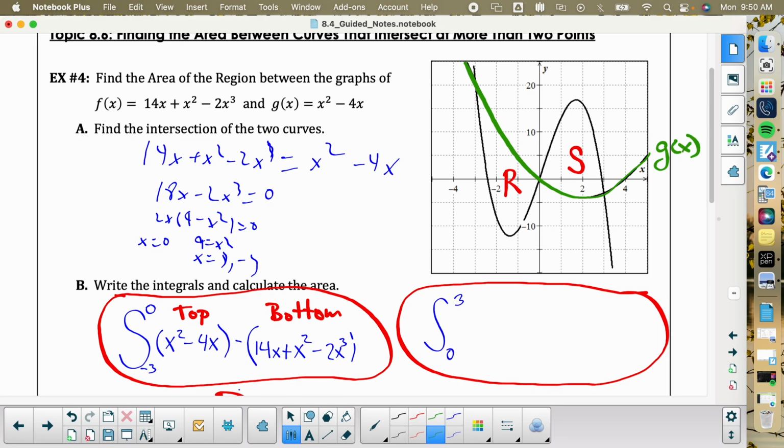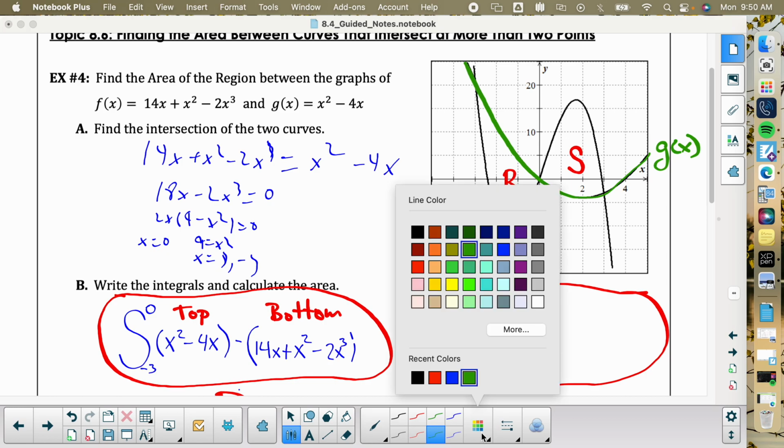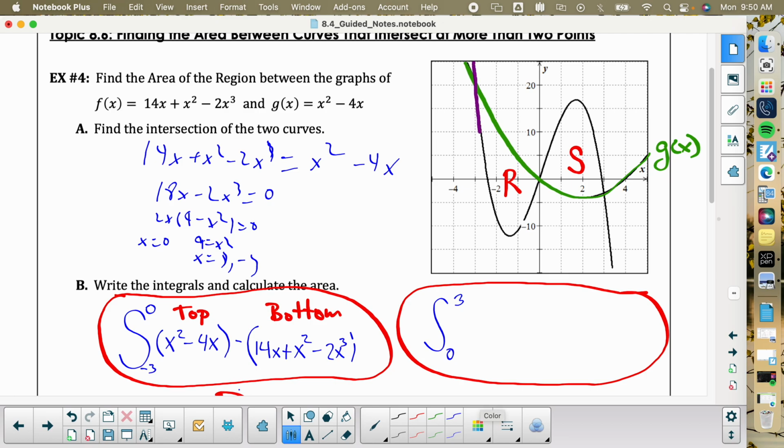You should know that one is the parabola just because it's squared, when it's U-shaped. The other equation is cubic, and it has a cubic shape. I don't know if color coding it will help at all, but I figured it could. So the purple one is f of x, the green one is g of x.